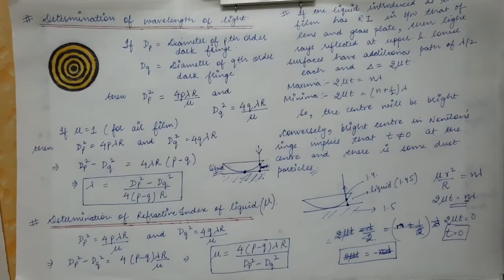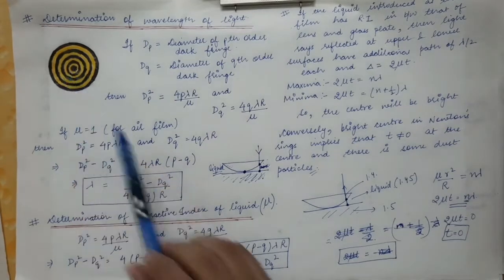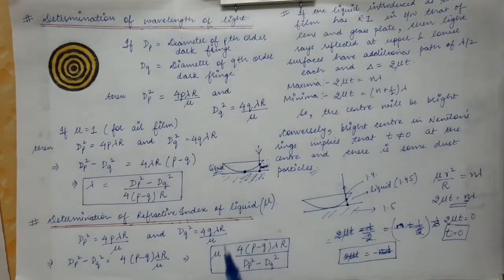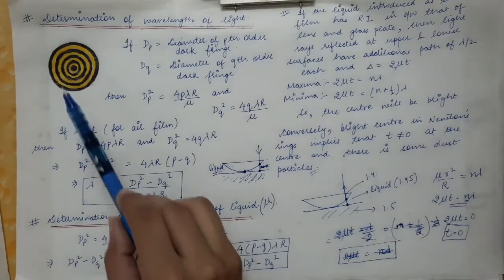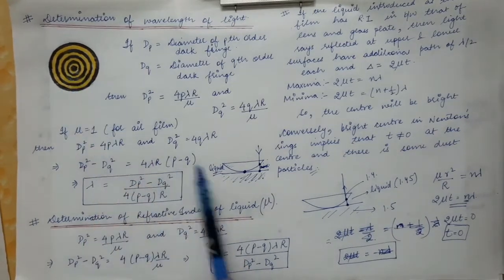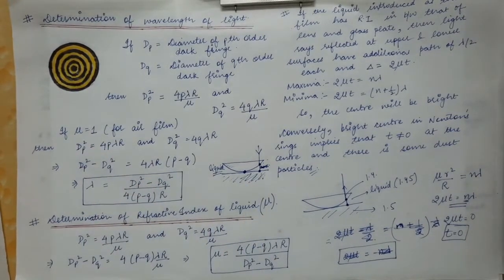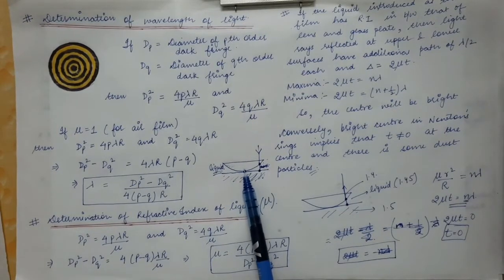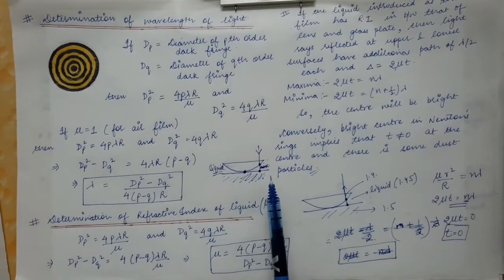But sometimes in the laboratory you will find that the central fringe for the case of an air film appears to be bright, and this is for the case only when the thickness at the point of contact is not equal to 0.